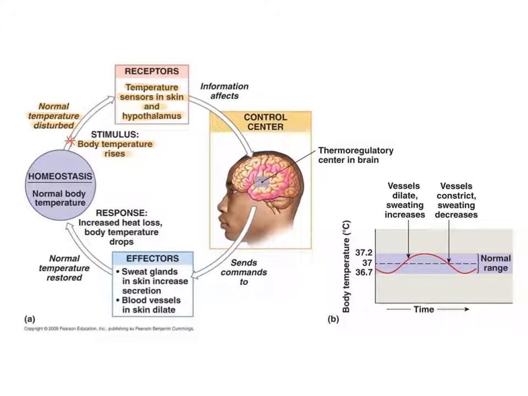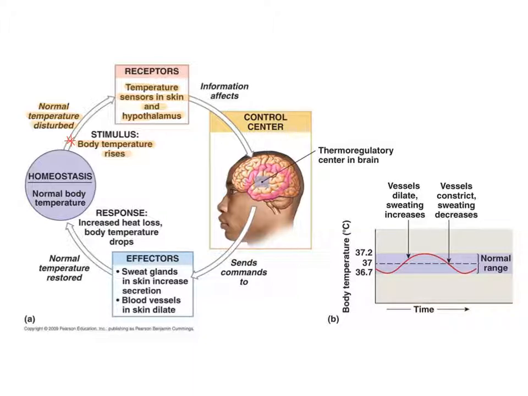When homeostasis is in a normal body temperature, the body's working and functioning normally. Then normal temperature becomes disturbed. The body temperature rises. That's a stimulus. The receptors are the temperature sensors on the skin and in the hypothalamus. That is the receptor, and that affects the control center.